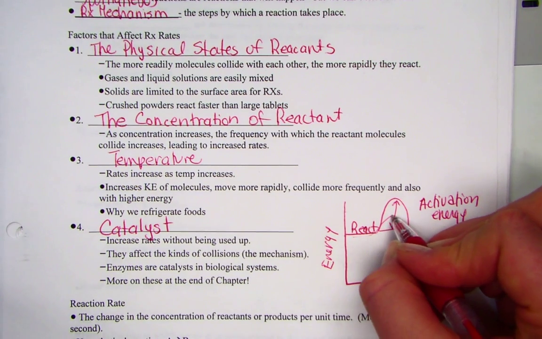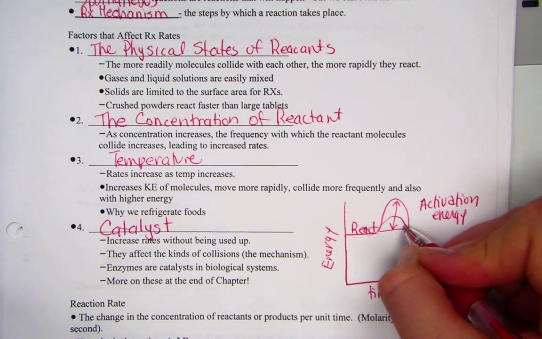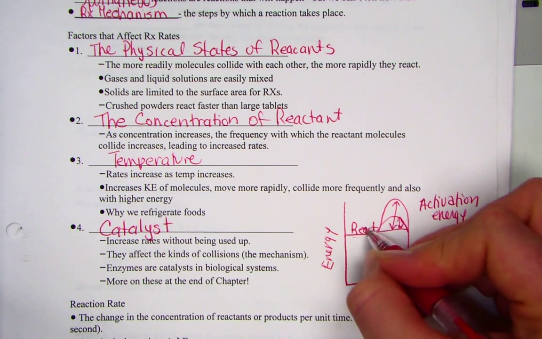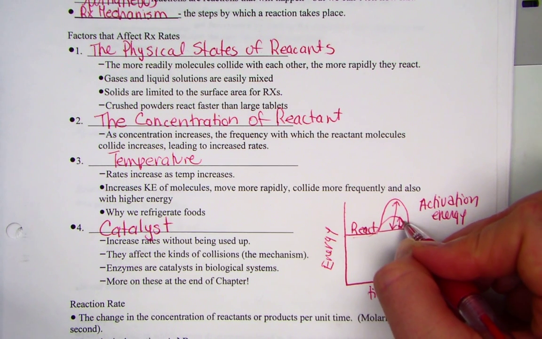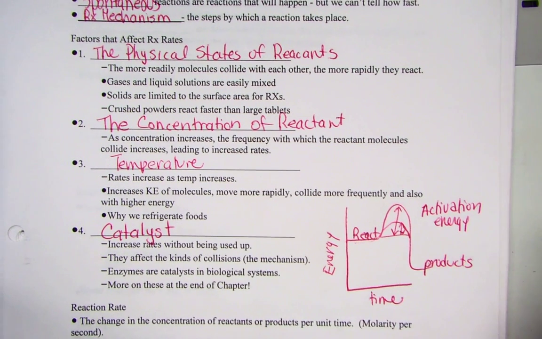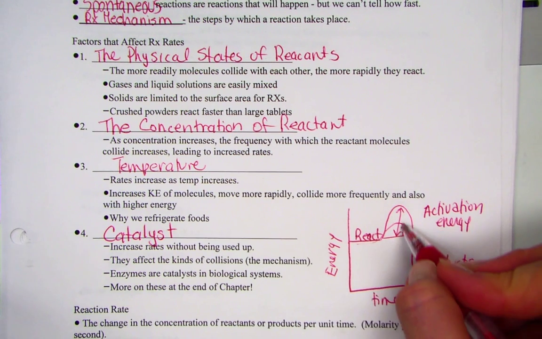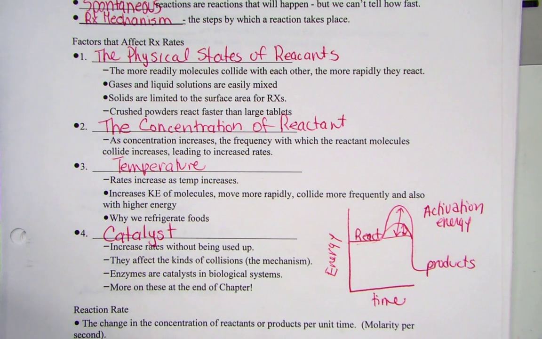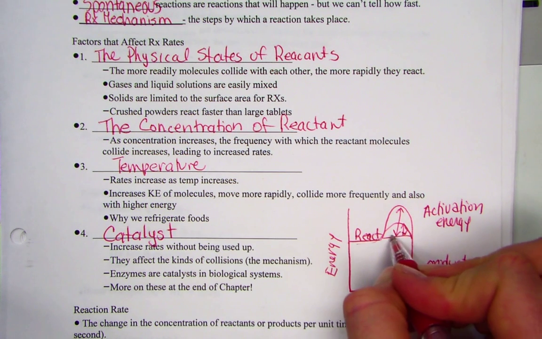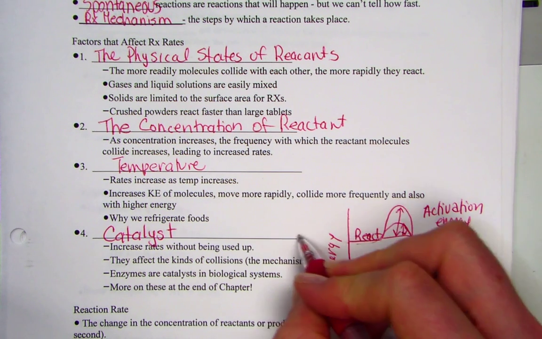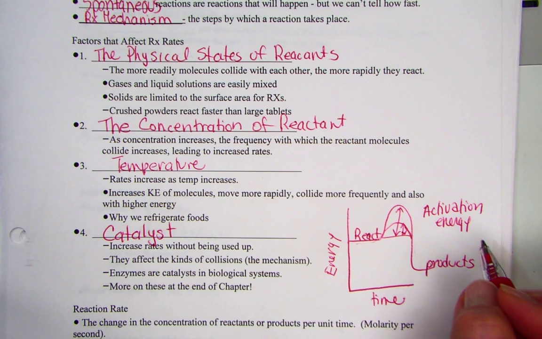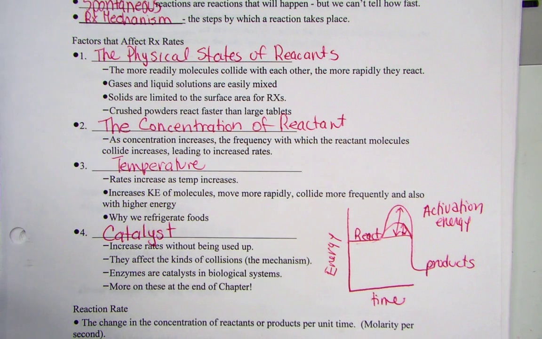If we have a smaller energy barrier, a lower activation energy, more molecules meet the requirement, and we have a faster reaction rate. A catalyst works by lowering the amount of activation energy. It actually provides an alternate pathway for the reactants to find the products. If we have a smaller activation energy in the presence of a catalyst, we will increase the rate of our reaction.